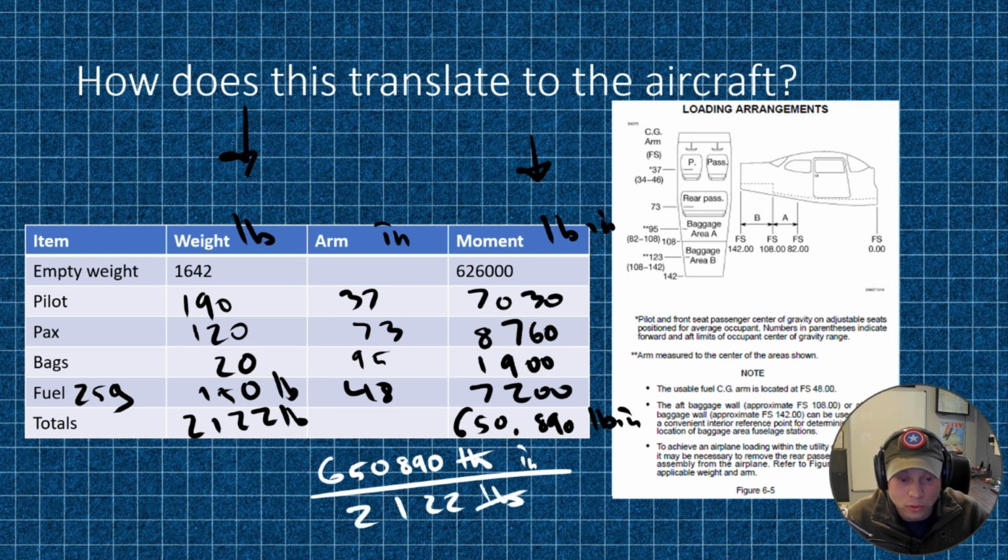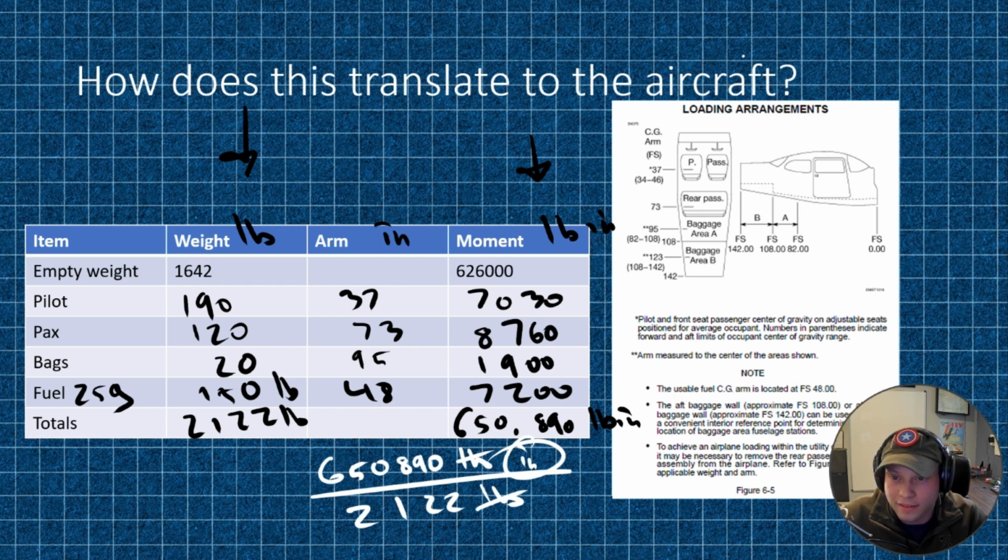Our pounds will cross out and we'll be left with a unit of inches. Divided by 2122, is that right? 650,890 divided by 2122. Oh, I must have screwed something up. Hang on. I'm left with 306 inches, which means I screwed up somewhere. Let's verify this. 1642.